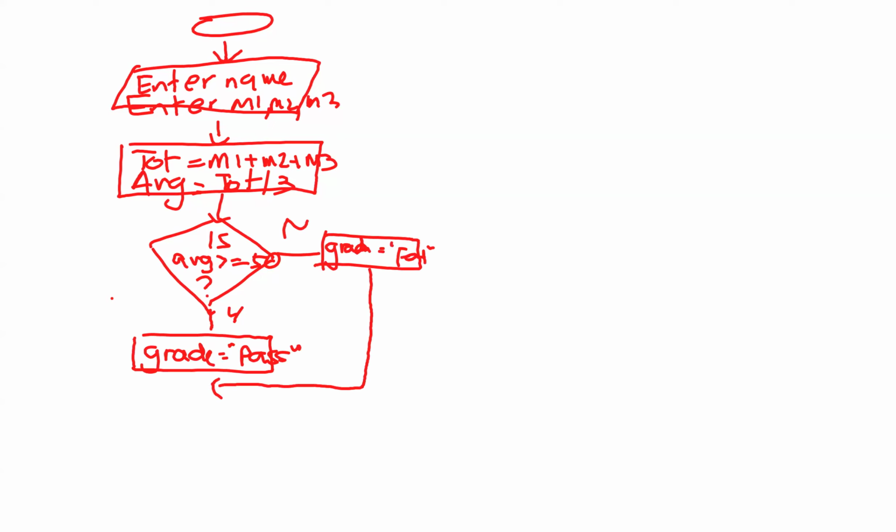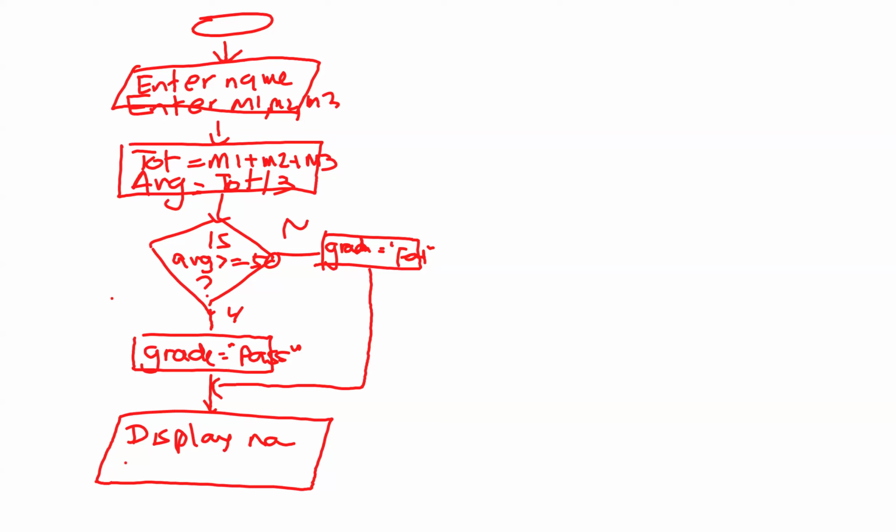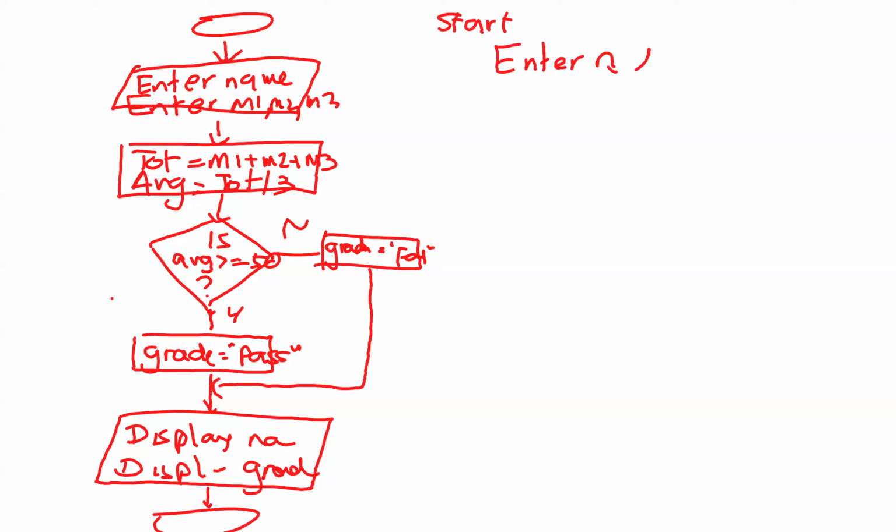Remember, you have to join them together. And then you can display name and grade. Display name and display grade. Now you can finish this program. Here you're going to start it and enter name. Always separate your variables. I saw one of you have written all the things in a single line.